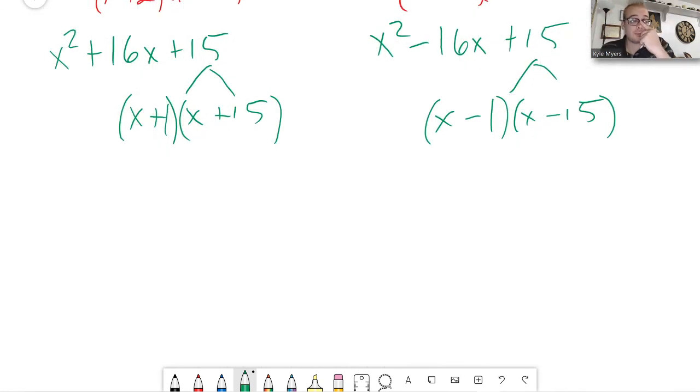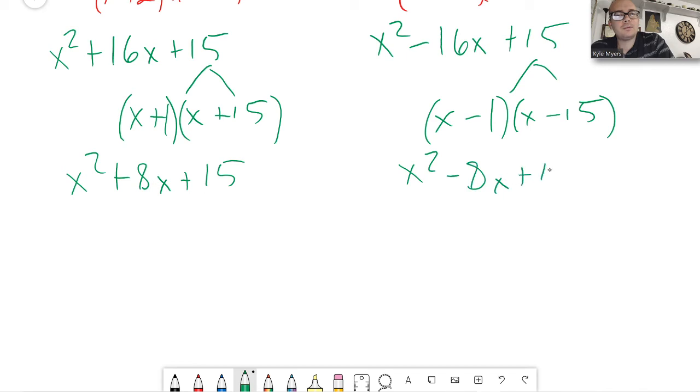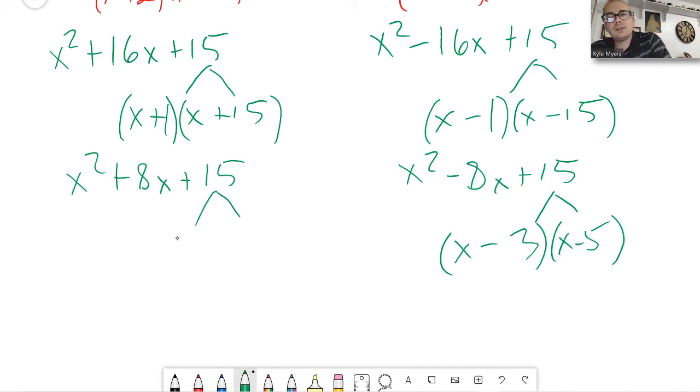It's 3 times 5. So we would get x squared plus 8x plus 15, and x squared minus 8x plus 15. 15 is 3 times 5 minus and minus. Here we do a plus and a plus.